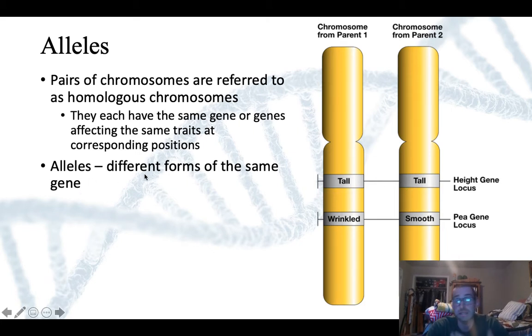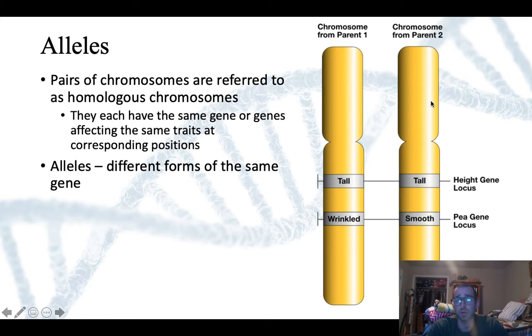to as alleles. Right, so for example, if we're looking at a pea plant here, on this pair of chromosomes, on the one chromosome, we have genes that record height and genes that record pea coat texture, right?